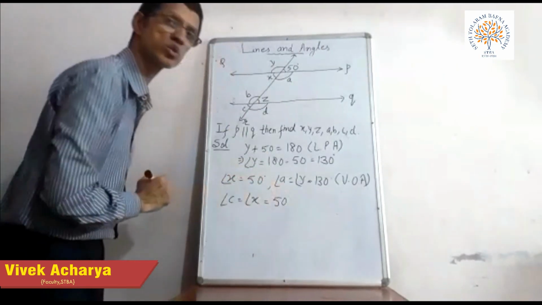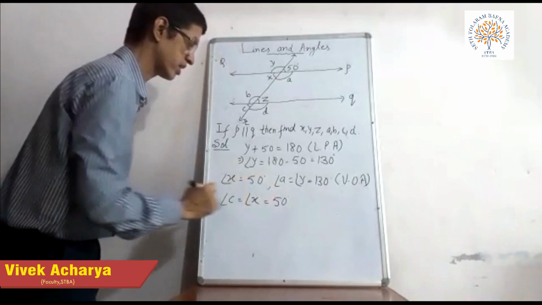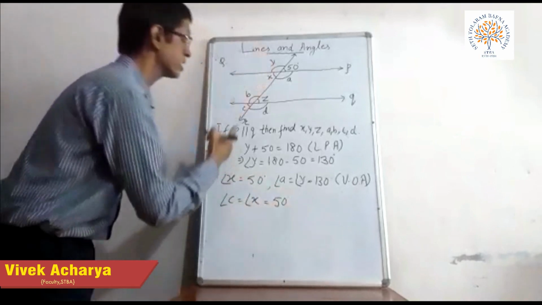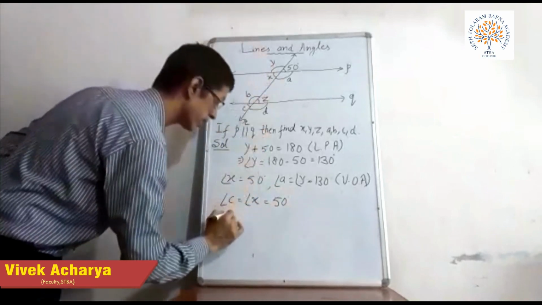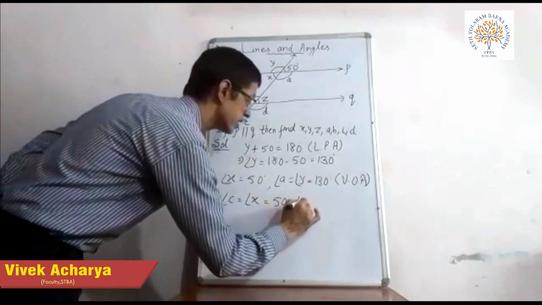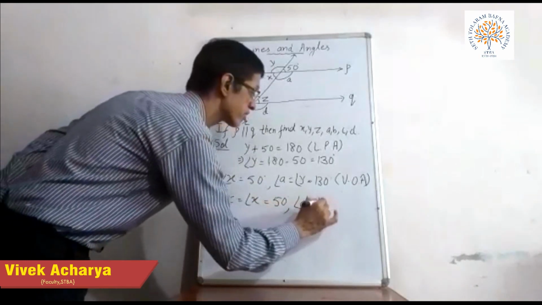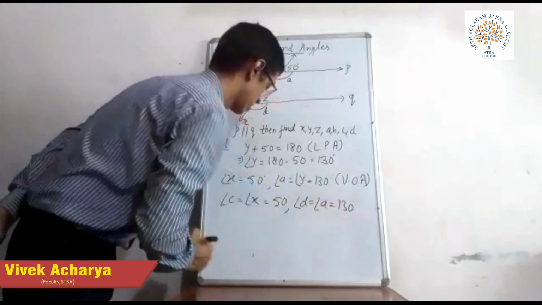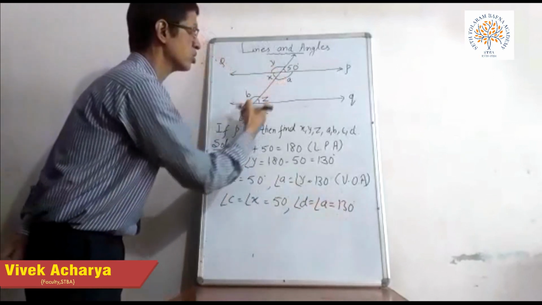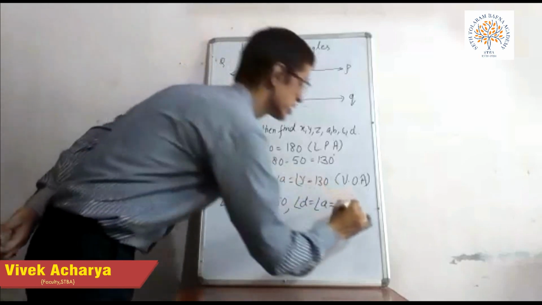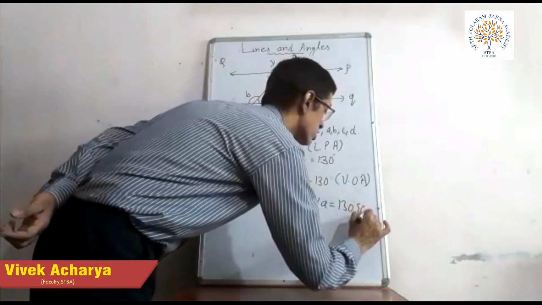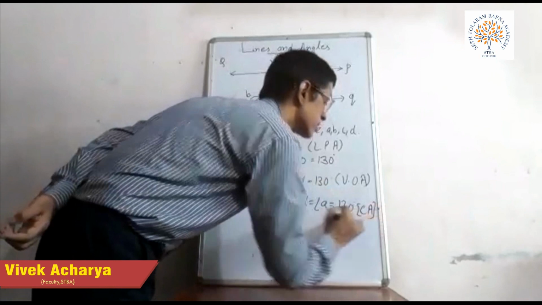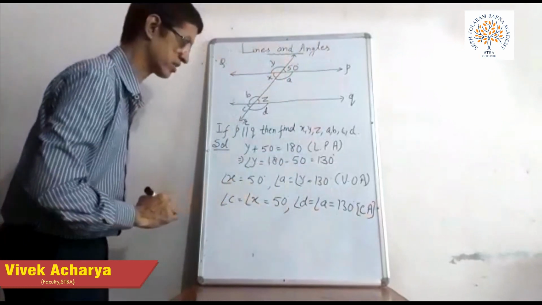So angle C is also 50 degrees. Next one is angle D equals angle A. Both are 130. The reason is they are also corresponding angles. In short, we can write CA, corresponding angles.